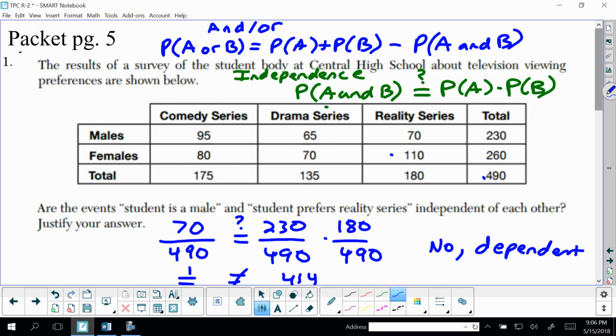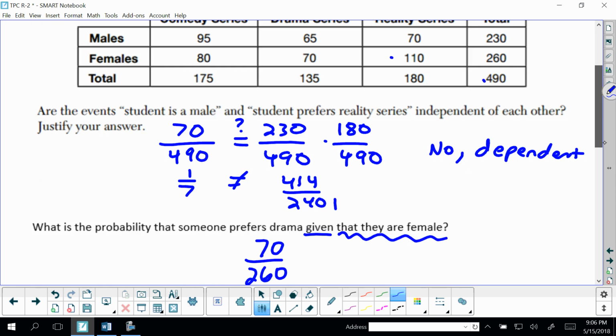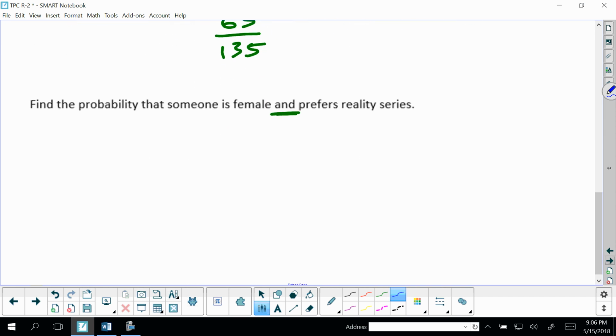So we'll have 110 out of the total 490. In general, ands and ors, or just single probabilities, are out of your overall total, so 490 in this case. If it says given, or if you're focusing on one thing and finding a probability of another thing, that's when it's over one of the marginal totals.